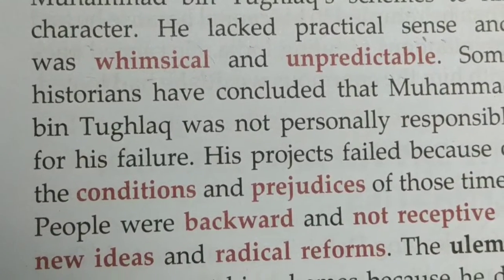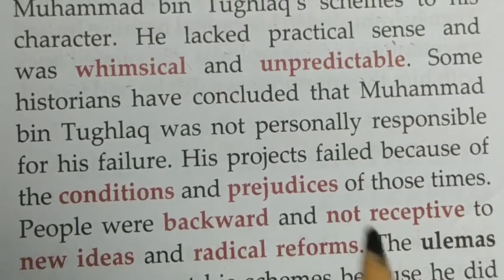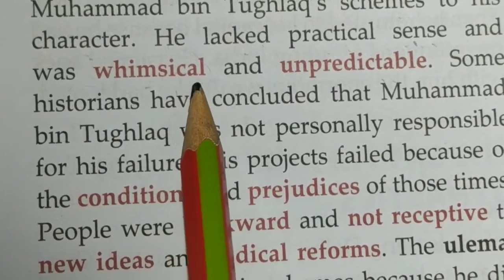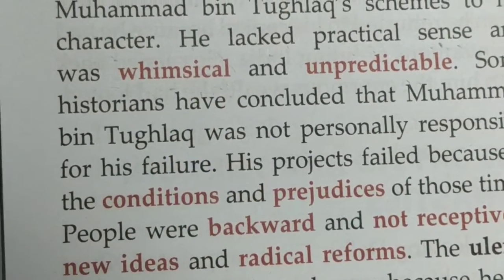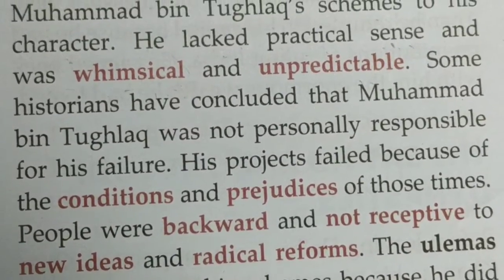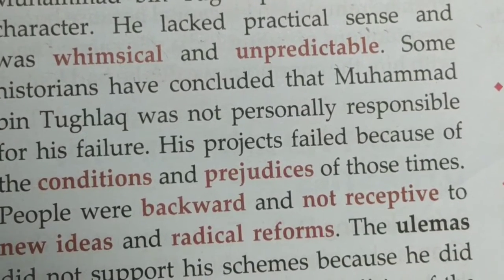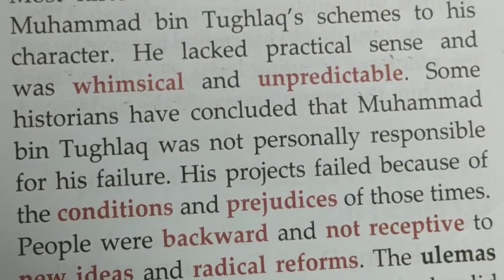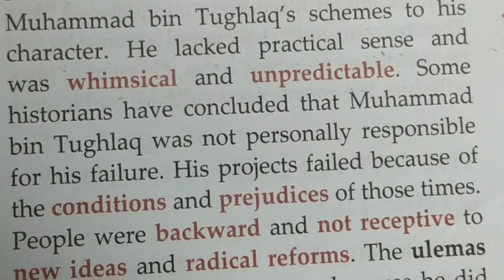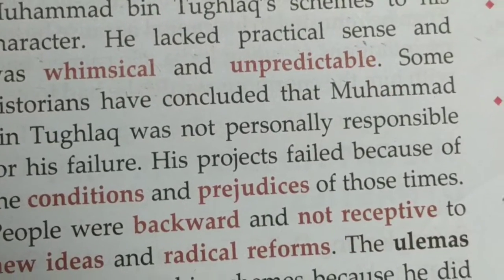Which cannot be said what will happen. Okay, so whimsical people are like that, which is unpredictable. Suddenly they will decide one thing and they will act something else. Sudden decision. Okay, whimsical is when a person takes a sudden decision, and obviously the result will be unpredictable, right?